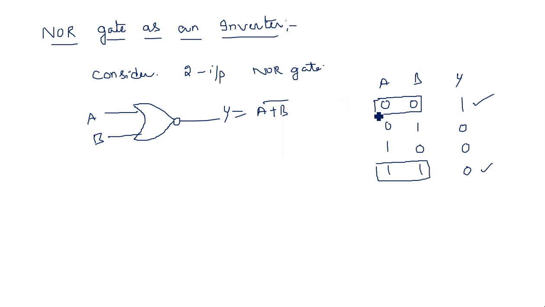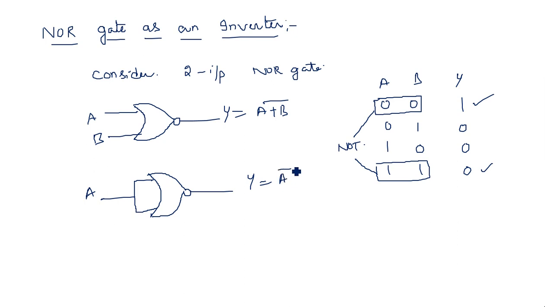That means if you concentrate only on these two cases, it gives you a NOT gate. So just short circuit the two inputs. Connect this one to the second input, and take only one input at the output, which is equal to A bar.